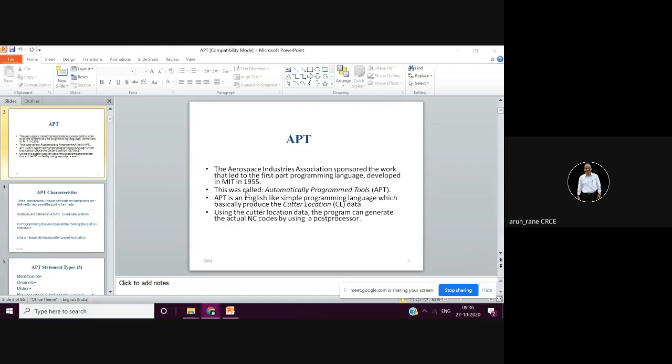So you go to the post processor and select the control. There will be a library of controls, and you click the control you desire and you get a particular NC program. An NC program is nothing but G codes and M codes. It is also called the .nc file.